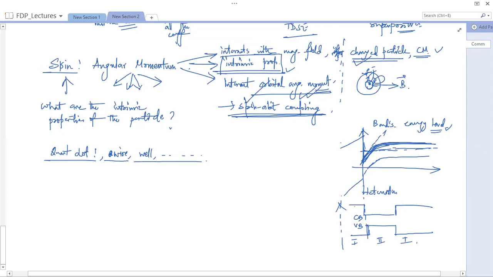Here also you are getting a potential. What you are drawing is a potential diagram. Your electron is confined to this potential, at least in this direction; in the other directions it is free to move if you make it so.